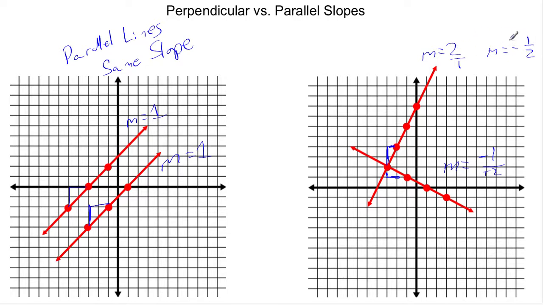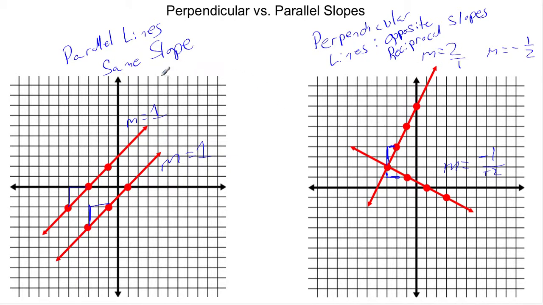Look at the relationship between these. For perpendicular lines, when we go from a positive to a negative, or a negative to a positive, we call that opposite. So these are opposite. And notice how the numerator and denominator flipped. We call that reciprocal. So perpendicular lines have opposite reciprocal slopes, whereas parallel lines have the same exact slope.